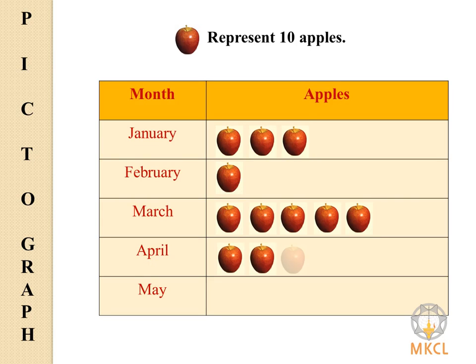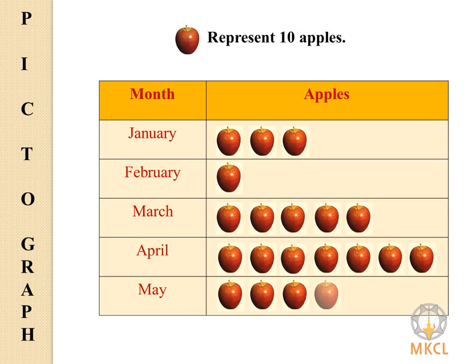In April he sold 70 apples. So there are 7 apples in our table. And in May he sold 40 apples. In this way we represent a given data in pictorial form. So this is a pictograph of the given data.